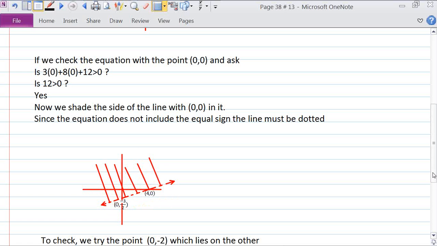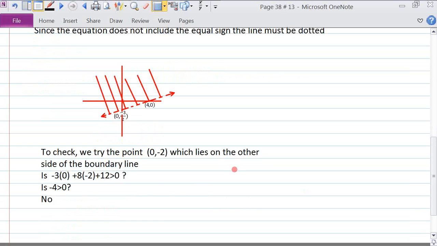Now, just to check, we're going to choose a point that clearly lies on the other side of the boundary line. So here, 0, comma, -2, x is 0, y is -2, just below this point right here. So we know that lies on the other side of the boundary line, and we check that it doesn't work.